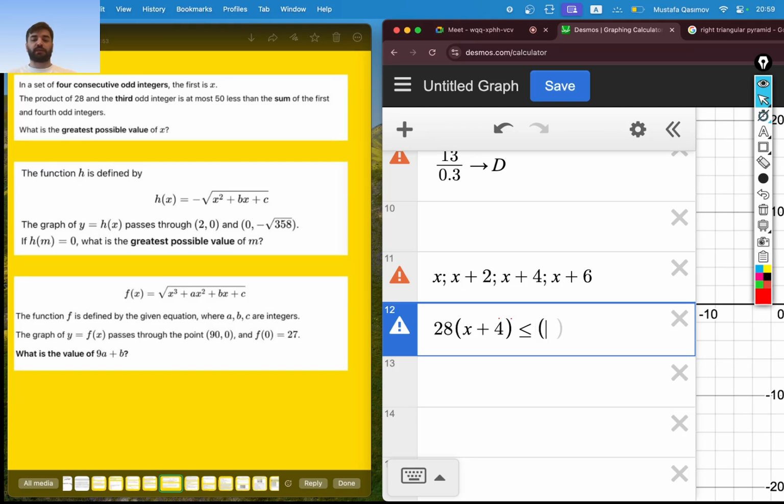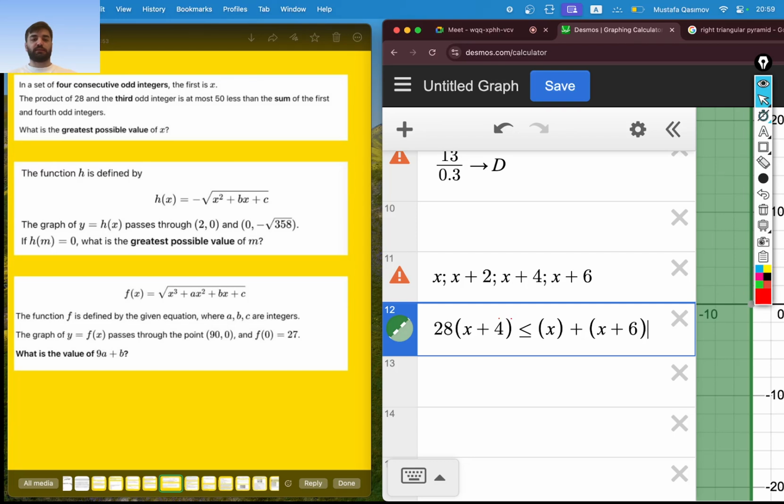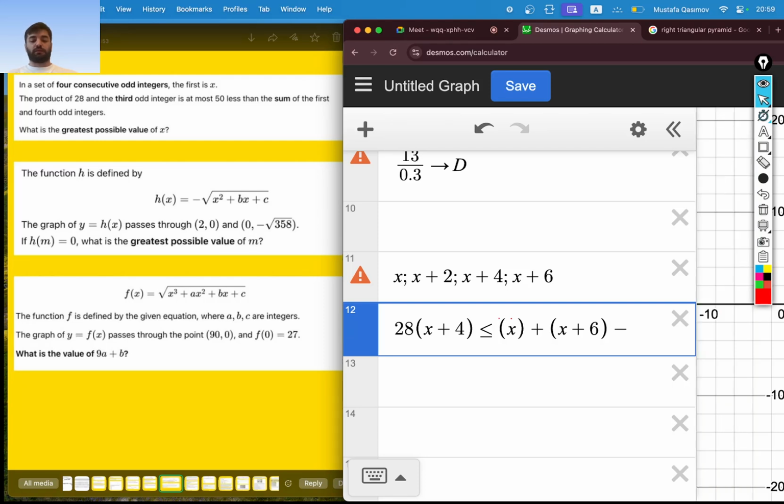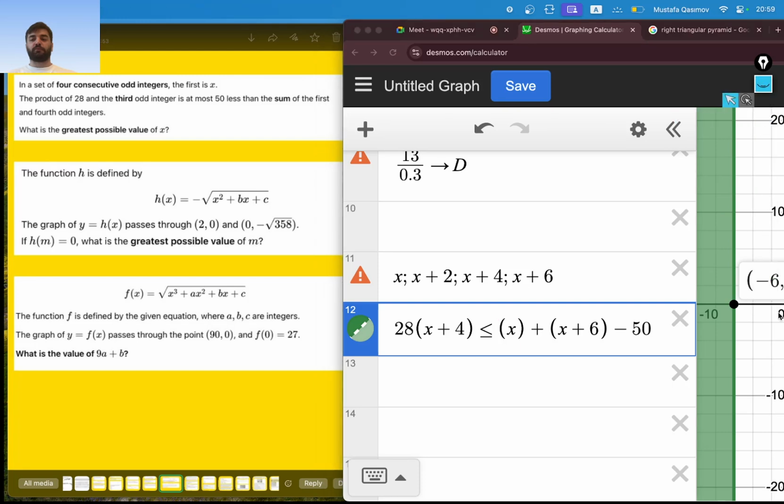Sum of first and fourth one. First is x and fourth is x plus 6, minus 50. Like this. Then it says that it is equal to negative 6.